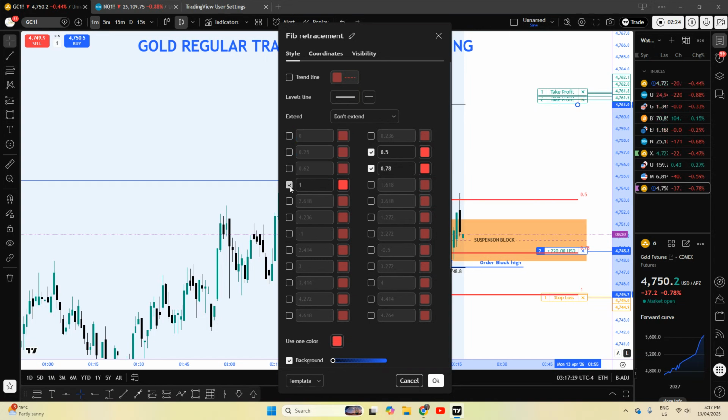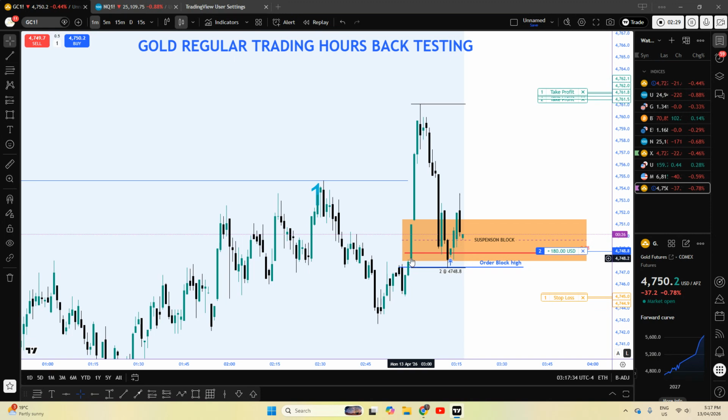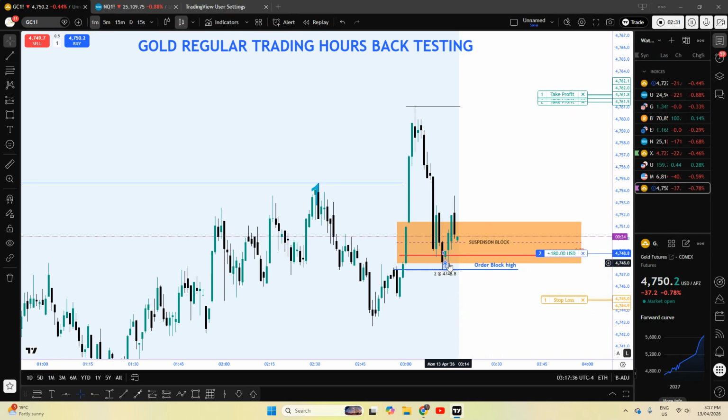Got all this. Remain with us 78% retracement level. So we have all that aligning: suspension block, 78% retracement level, order block, first presented fair value gap.